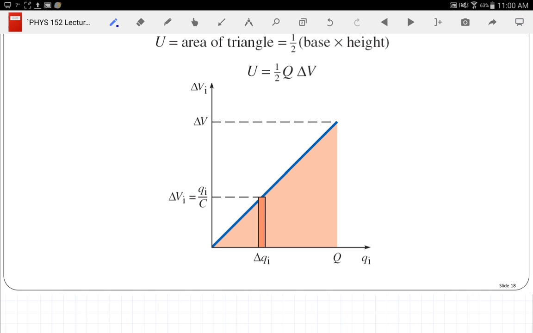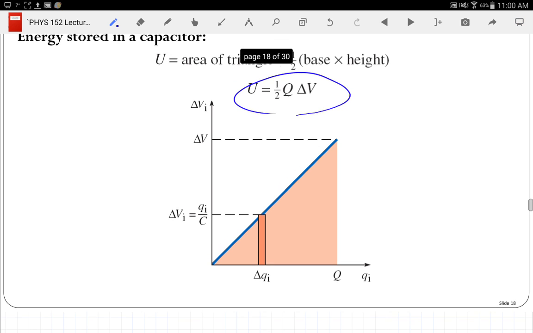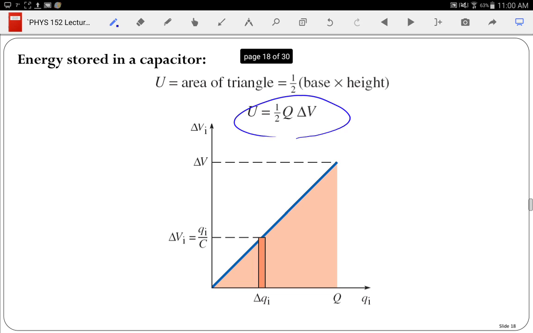Velocity versus time, we calculated that the distance traveled was the area under the curve. Here, the energy stored is the area under the curve. And since this makes a triangle, the area of a triangle is 1/2 base times height. And so that's where we get the equation here without using calculus.